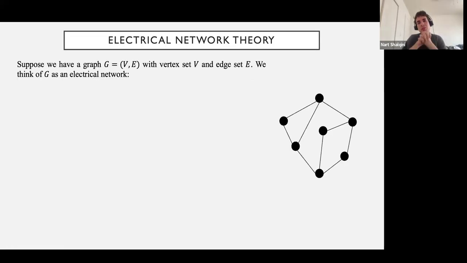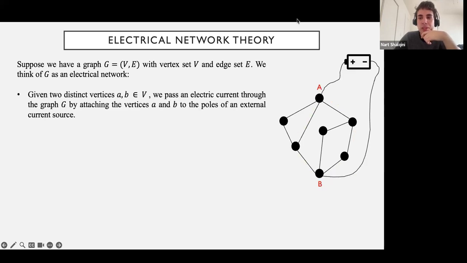So before I proceed to the proof, I want to talk a little bit about electrical network theory. Some of you might be familiar with this, but some of you might not. So I've tried to simplify this as much as I could without losing the crux of the story. So basically, suppose I have a graph with a vertex set V and edge set E. And now I think of G as an electrical network.